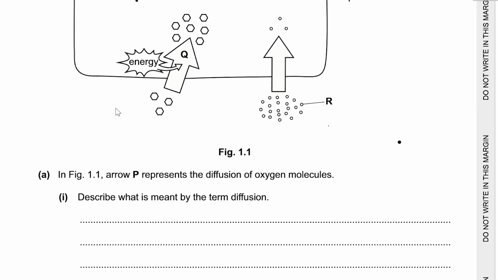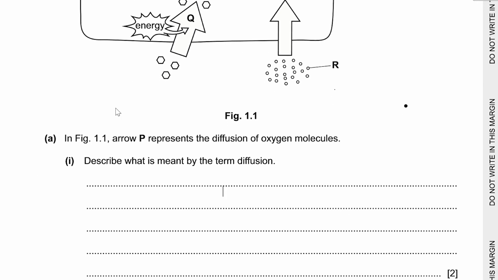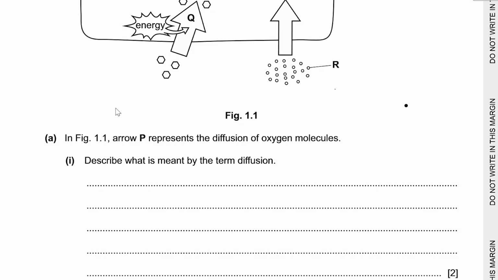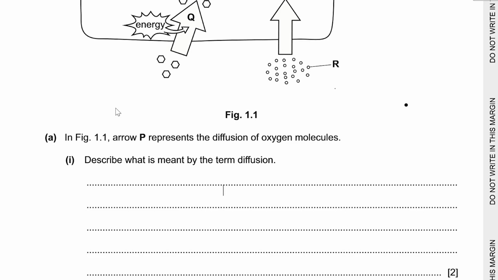The first question says, in figure 1.1, arrow P represents the diffusion of oxygen molecules. Describe what is meant by the term diffusion. Alright, so diffusion, it's the movement of molecules from a region of high concentration to a region of lower concentration. And of course, it's usually a random movement of these particles.